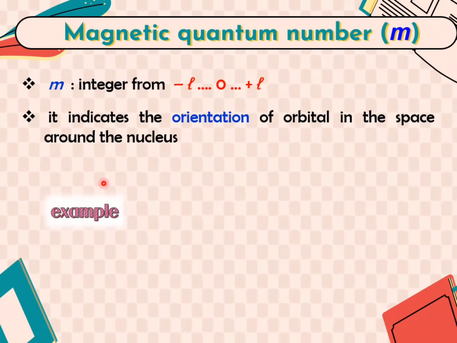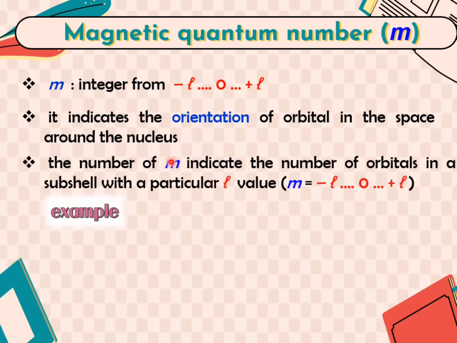Dia menunjukkan orientation. Orientation means position dia, kedudukan dia dekat mana. Dia duduk bilik mana. Macam tu. Okay. And then the number of m indicates the number of orbitals in a subshell with a particular l. Value m should be negative l, 0 or positive l.